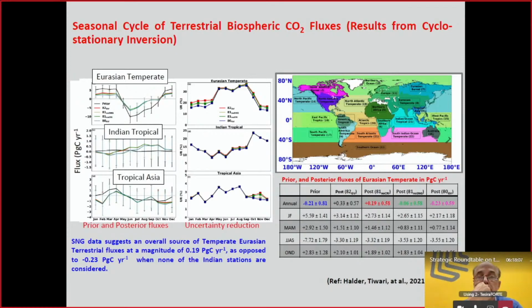The magnitude is 0.19, as opposed to minus 0.23. When there were no observations, it was 0.23, showing a sink with a large uncertainty. But when we used the observations, it became a source of 0.19. I will not say that the earlier result was wrong, because we were not using any observation, but after using observations, it became a source. But there is some information here.